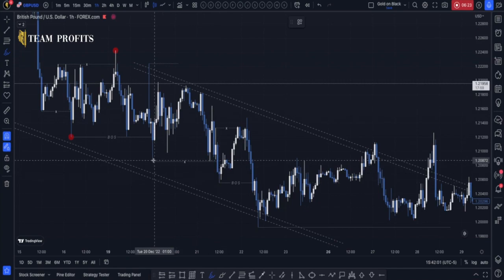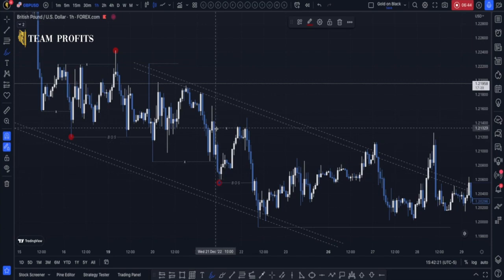Because it's not inducing anything, this is not a confirmed lower low. Okay, let's see what happens with this low. After the price breaks, it creates another low. By eye, it's definitely lower than this one, yes. But let's see if it's a confirmed lower low, right? It's a confirmed lower low after the price induces or takes liquidity before it drops.